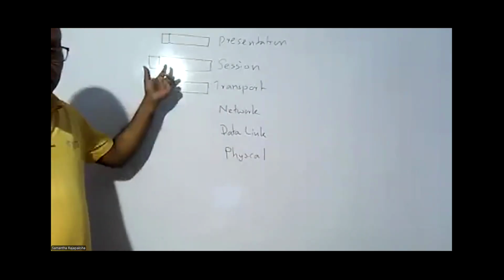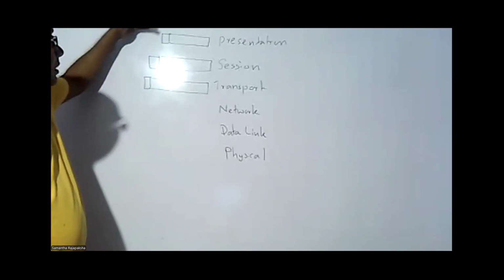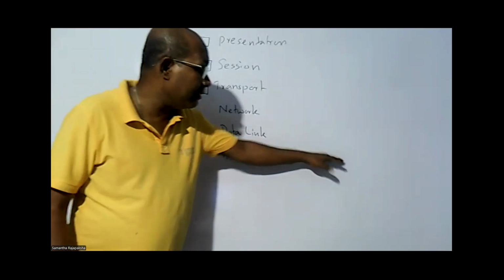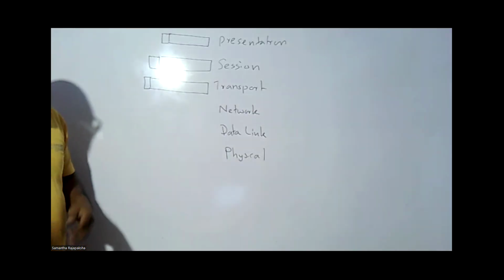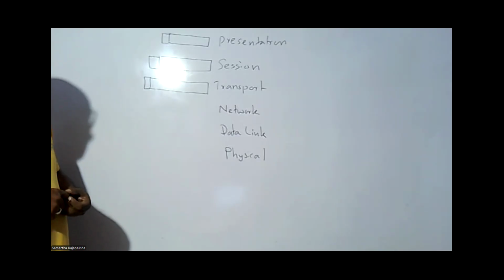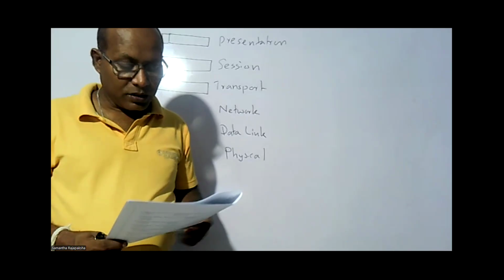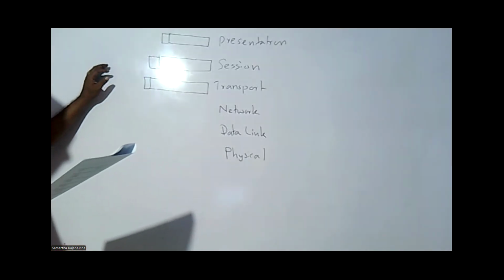Only the receiver can open it and see the message. Similarly, when you put into the boxes and send to the next layer, the receiver will remove each part one by one until you get the message. That process we call demultiplexing. So therefore, for this one, remember, the answer is encapsulation.